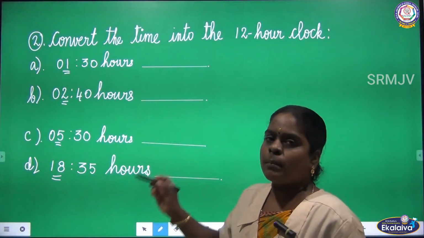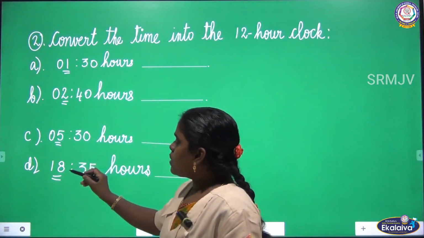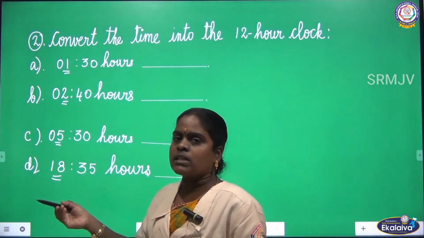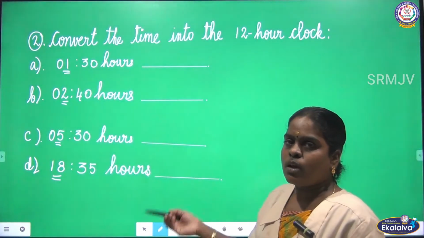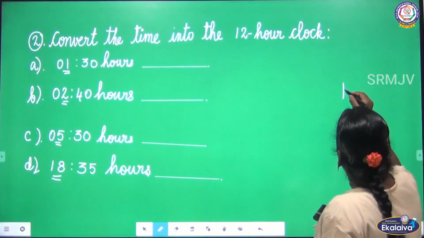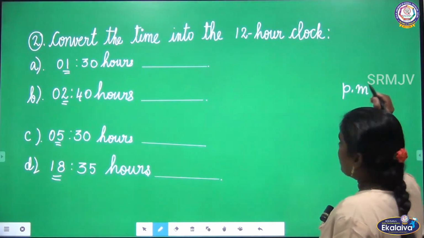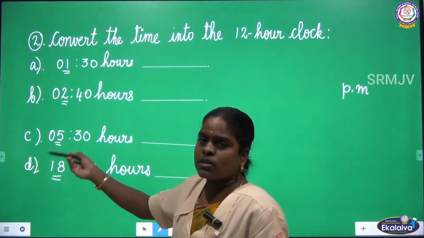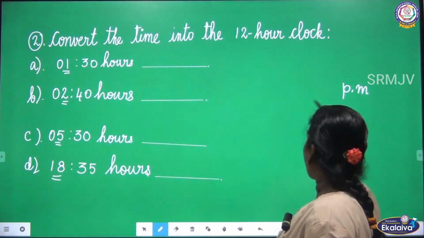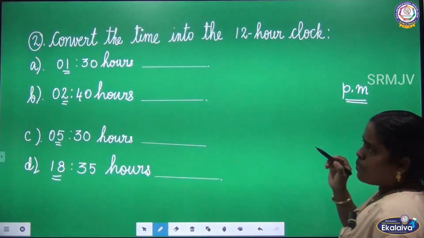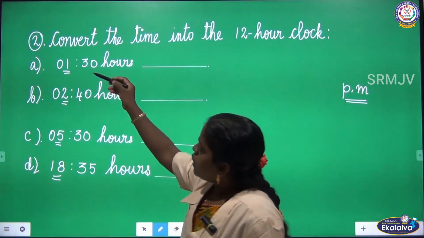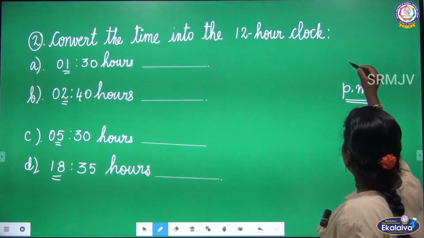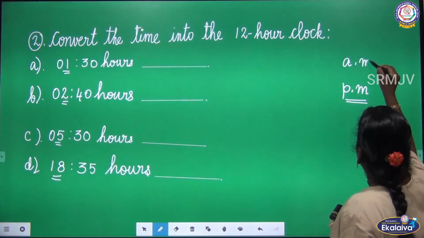You have to decide that if the hours place is given beyond 12, you have to add the period PM. Below 12, if you have the number below 12 in the hours place, you have to use the period AM.